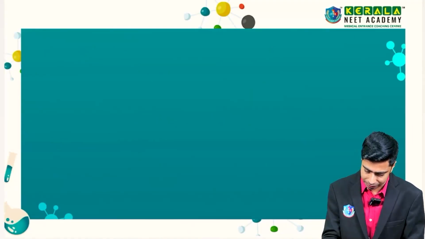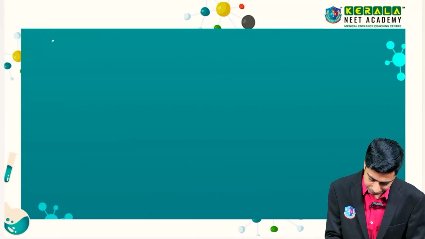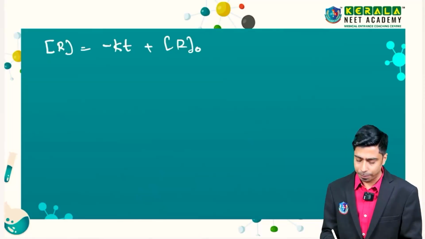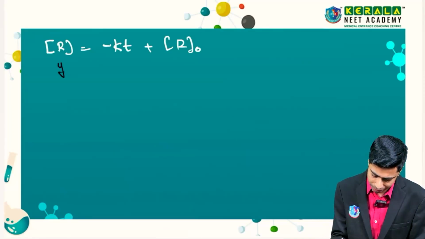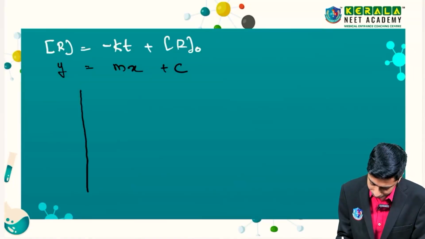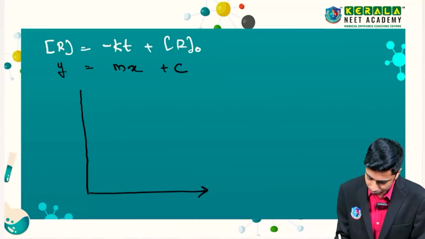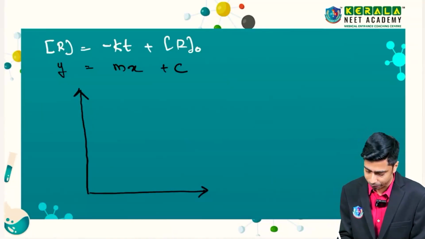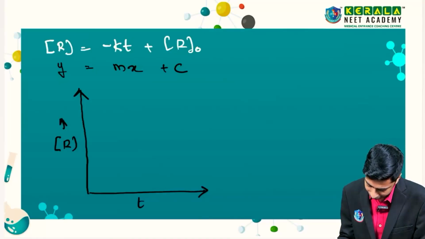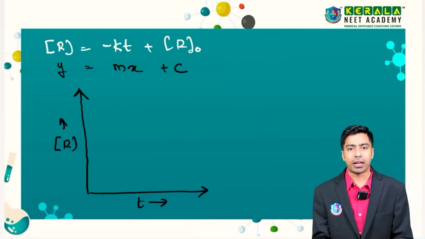We got concentration of R is equal to minus kt plus concentration of R0. Comparing with the equation y equal to mx plus c, if you plot the graph, on the y axis you have the concentration of R, and on the x axis you have time.